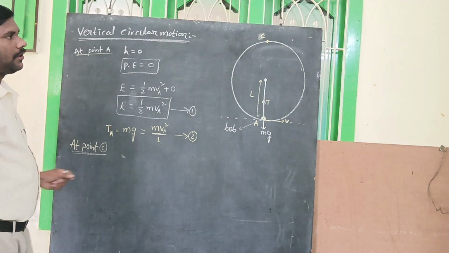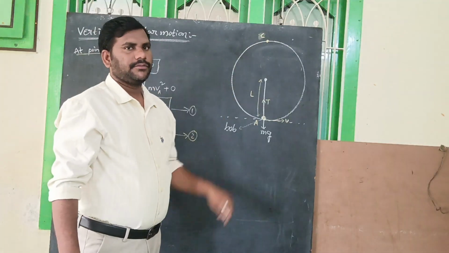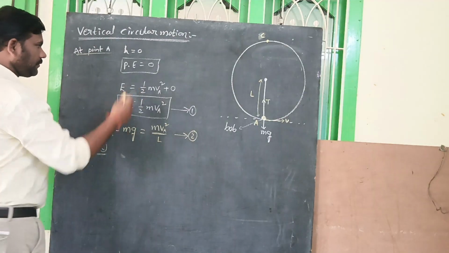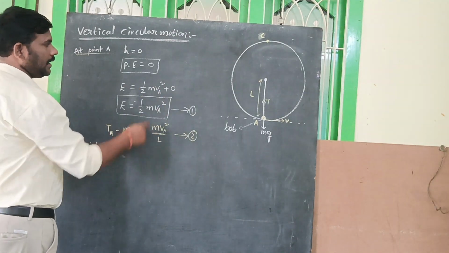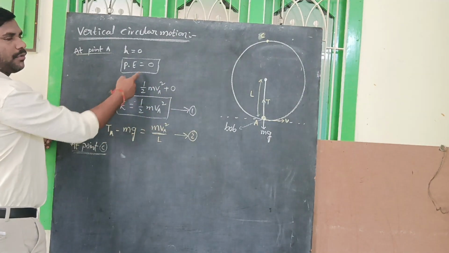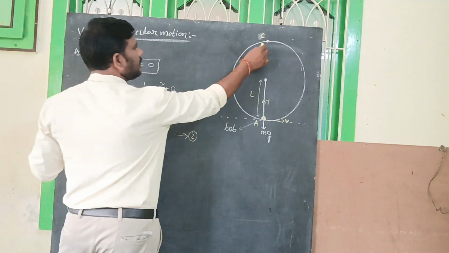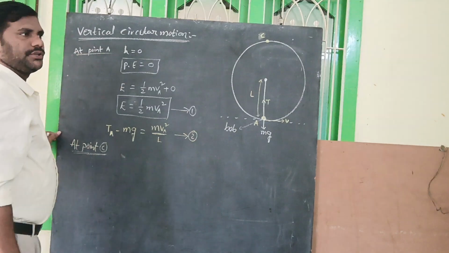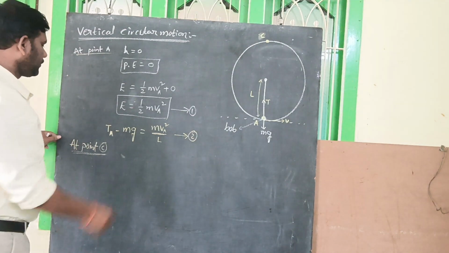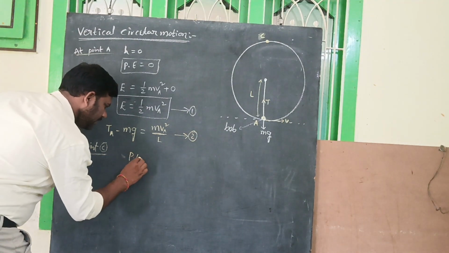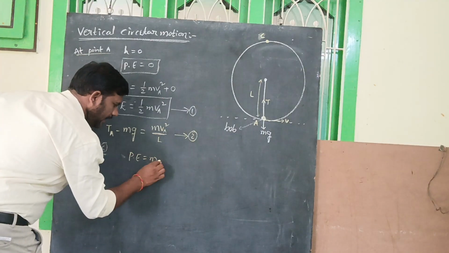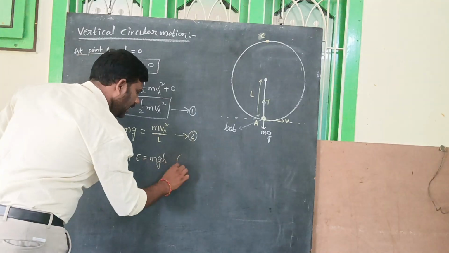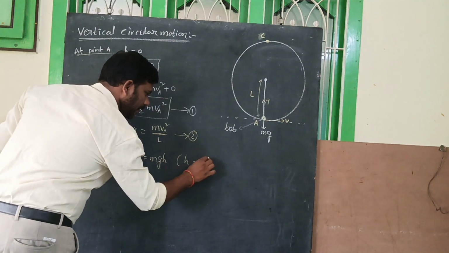At the highest point, we also find the tensional force and the mechanical energy. First, the mechanical energy. At the lowest point the potential energy is zero, but at the highest point it is not zero. Here the potential energy is mgh, where h is taken to be 2L.